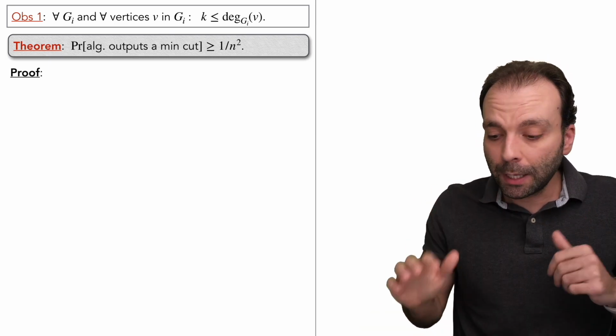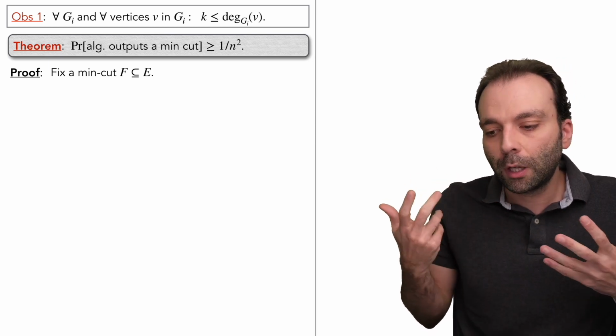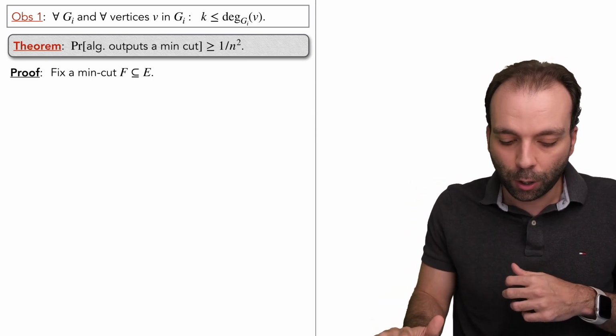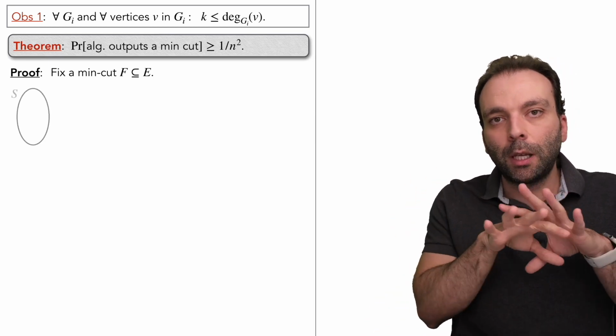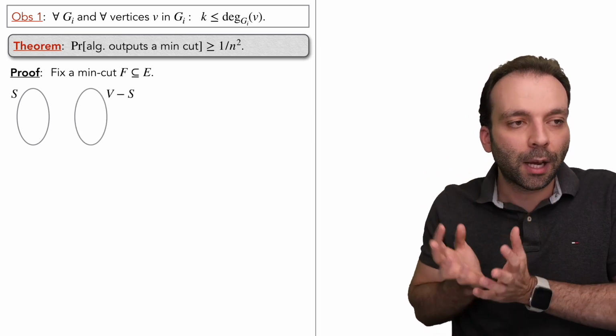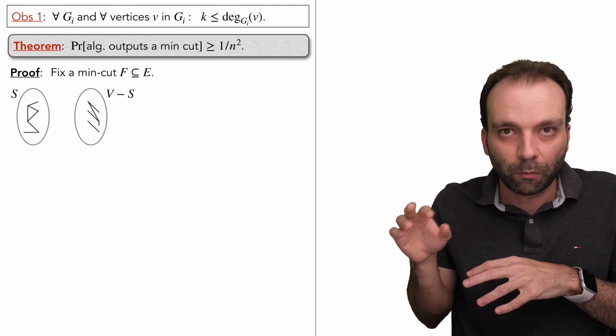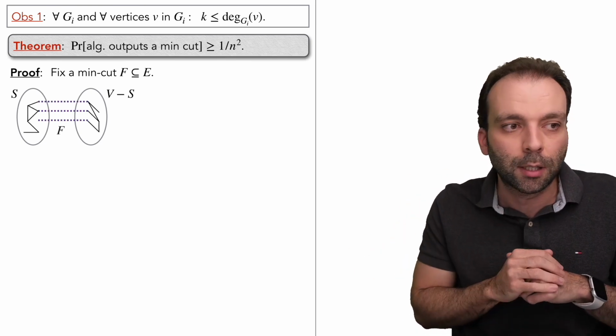So I'm going to start by fixing some minimum cut, okay? And I'm going to view the cut as a subset of the edges. So let's say we fix some minimum cut, one side of the partition is S, the other side is V minus S. There are some edges within S, there are some edges within V minus S, and then there are the cut edges.